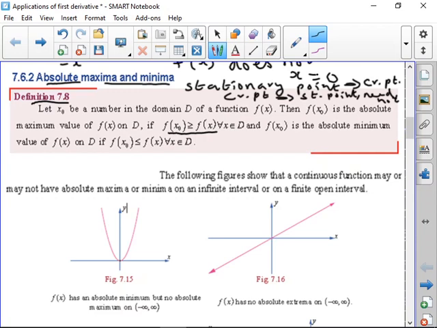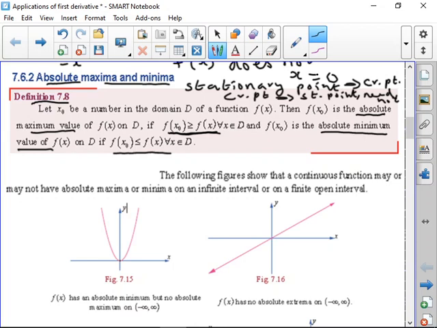So absolute maximum, when do you get it? When f of x naught is greater than or equal to f of x. And absolute minimum, when f of x naught is less than or equal to f of x.